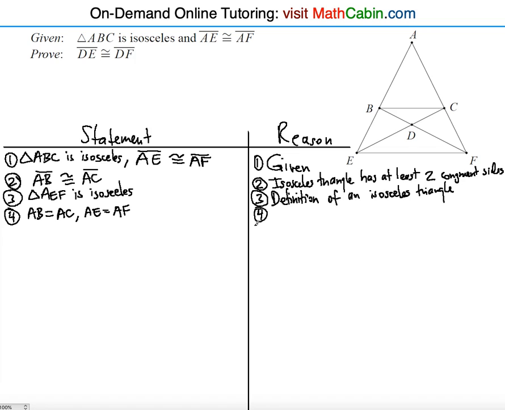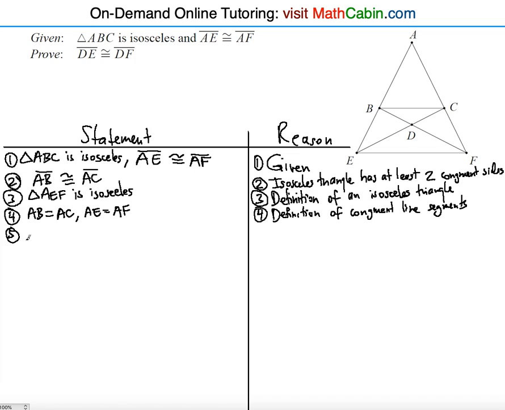And the reason for that, of course, is the definition of congruent line segments, right? Because we're talking about congruent line segments AE and AF and AB and AC, as we already pointed out in statement 2.